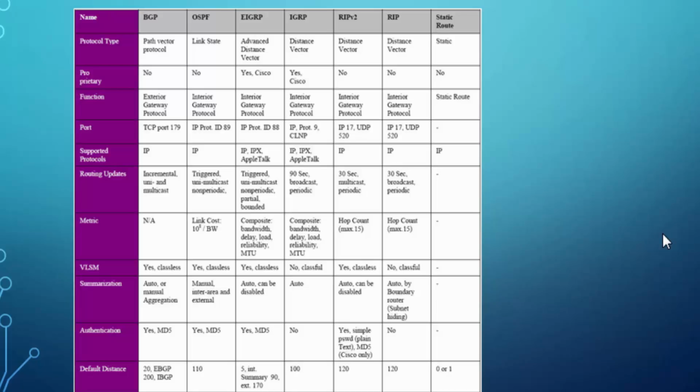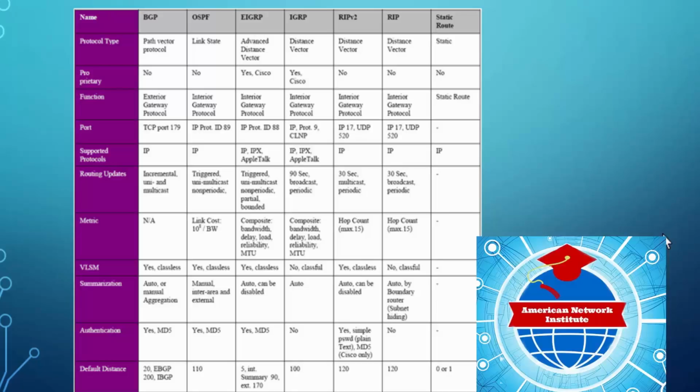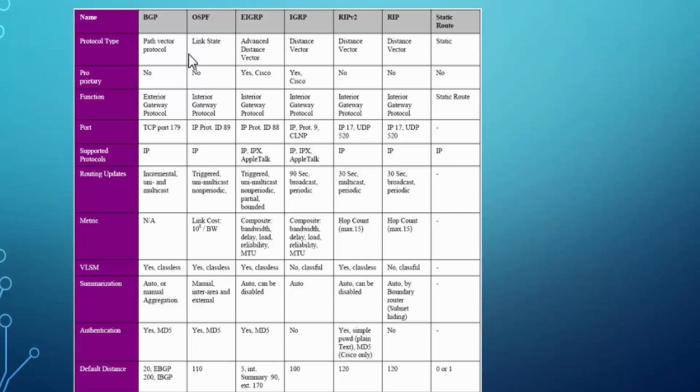That is the path vector, link state, and distance vector in each one of them, and over here the protocol type of each one. We already talked about that. Which one is proprietary?